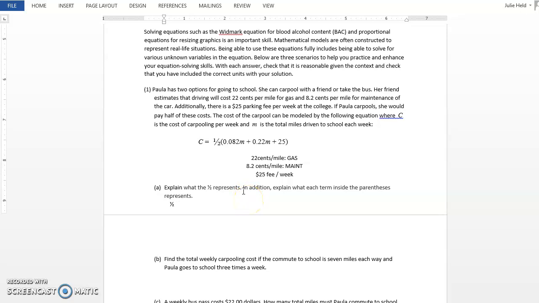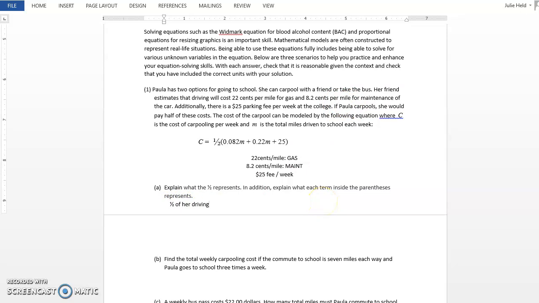I think that's because she needs to take half of her cost if she carpools with a friend. Sorry, I read that wrong.